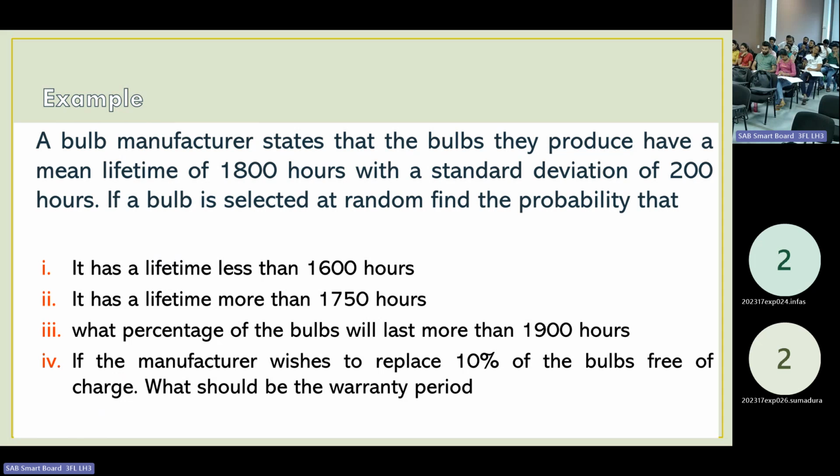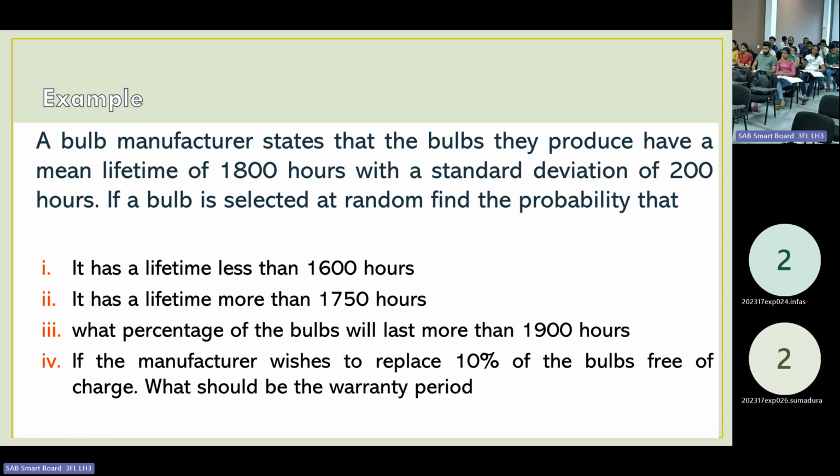First, what is our variable? X, the lifetime of bulbs, right? Is it normally distributed? Not given. But when we started off, I gave you a list of words and a list of variables.